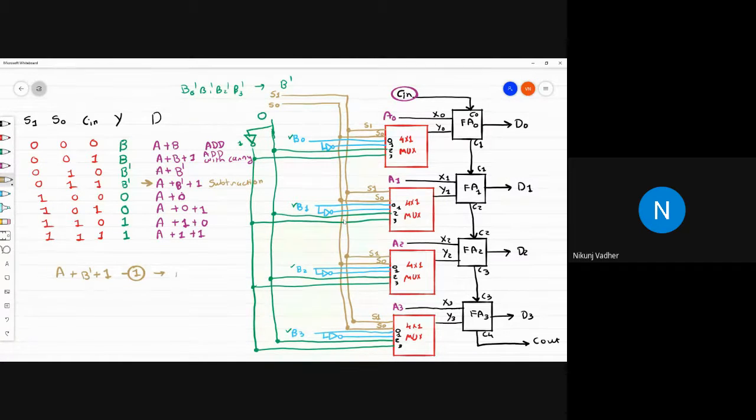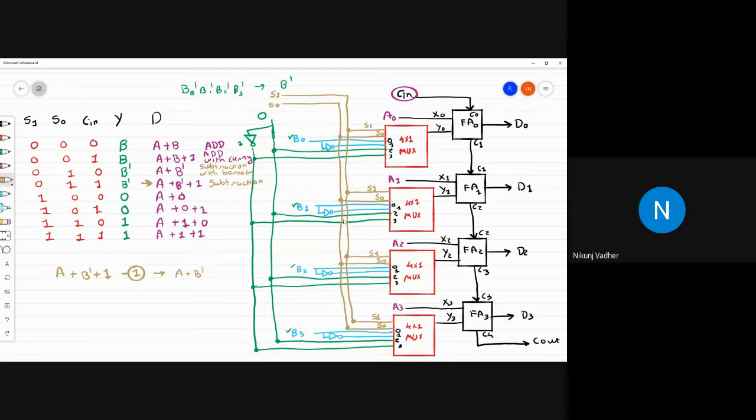So we can write it like A plus B dash. Before subtraction, what we have done? We have reduced 1. We have decremented 1. So this will result into subtraction with borrow. Why? Because before subtraction we have reduced 1.